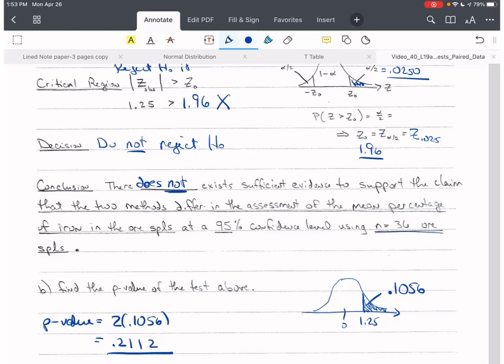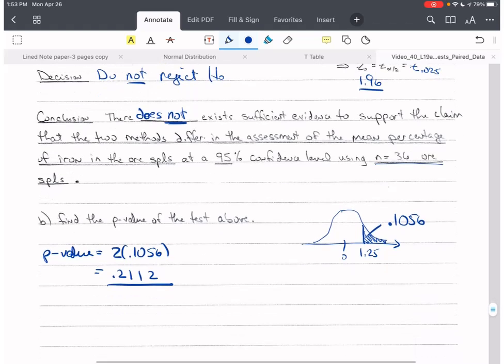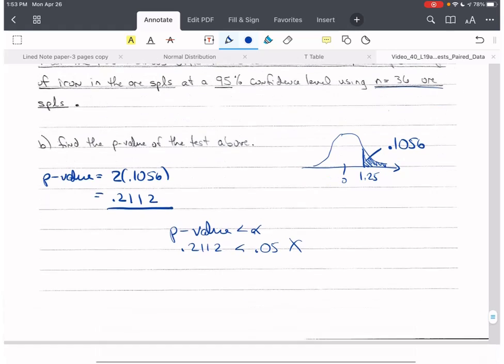I will make sure of this by using the calculator. 0.1056 times 2, yep, 0.2112. Okay. So again, if we use the p-value method, p-value less than alpha. So alpha is 0.05, and the p-value is 0.2112. We do not reject. Same conclusion that we had with the critical value method.